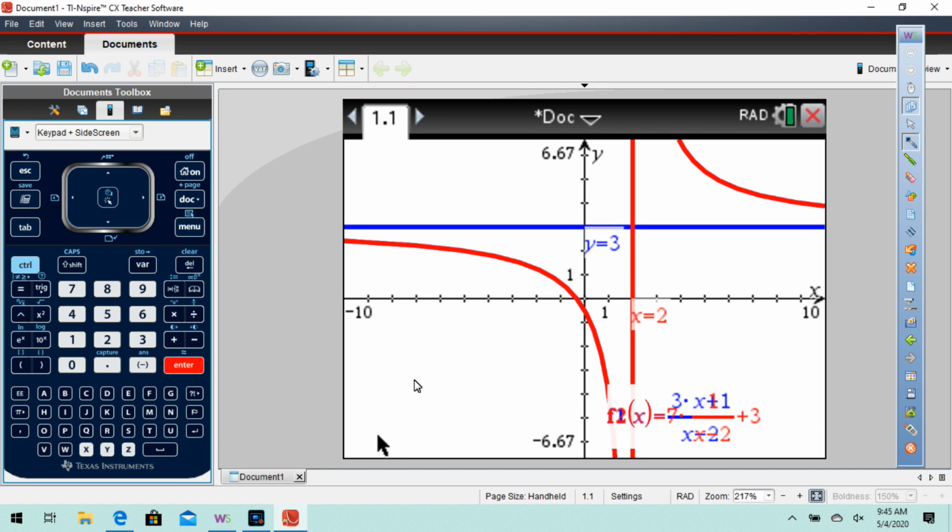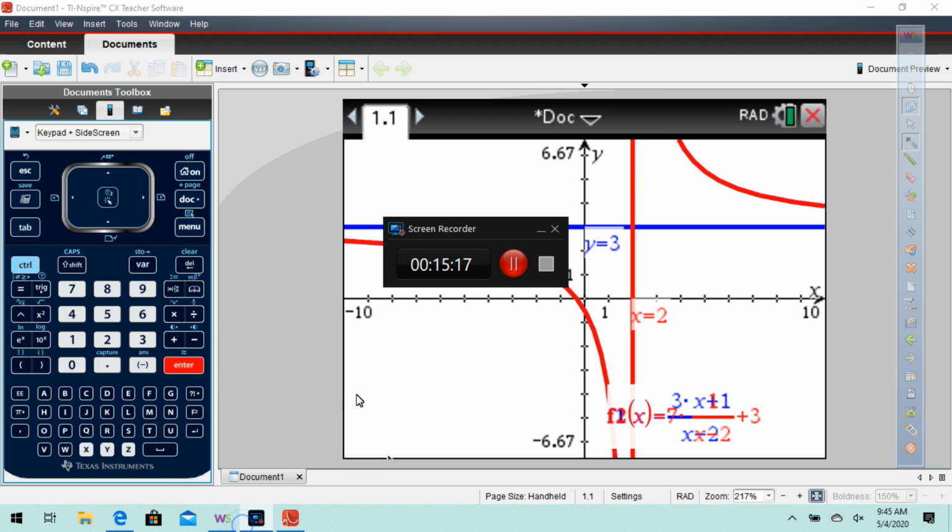Now, what about this in here? As y approaches negative infinity down here, x approaches 2, and as y approaches positive infinity, x approaches 2.